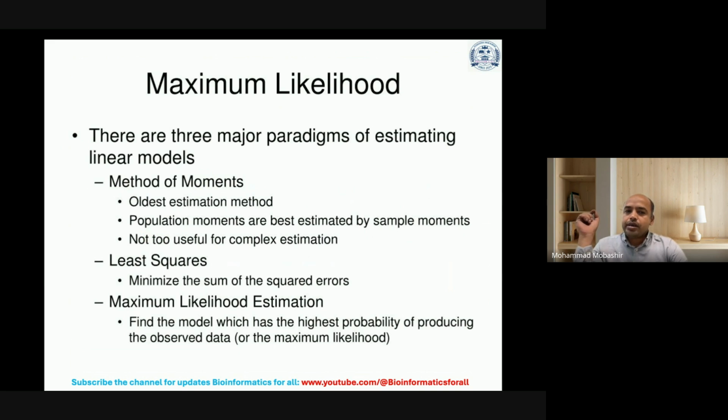Least squares minimizes the sum of the squared errors. Then there is MLE, or maximum likelihood, which finds the model which has the highest probability of producing the observed data, or data close to the predicted data. That is called maximum likelihood.